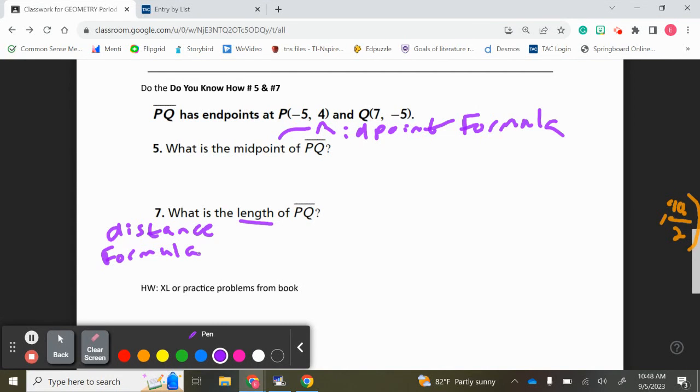Sound good? Take a minute and do 5 and 7. Go ahead. These are from your companion. We're skipping 6. You don't want to do 6, believe me.